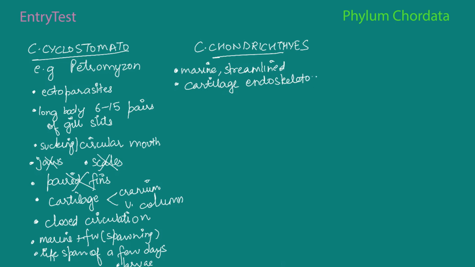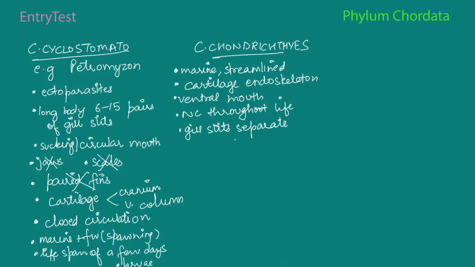Additionally, the mouth is located ventrally, a ventral mouth. The notochord is present throughout life. Gill slits are separate without the gill cover. There is no gill cover, which is also known as the operculum.